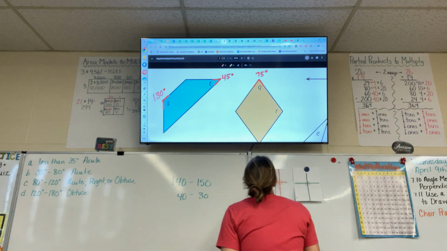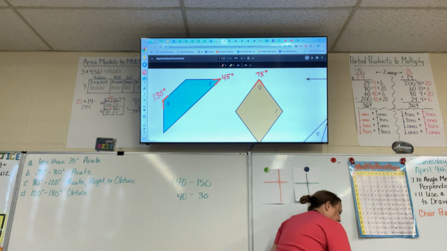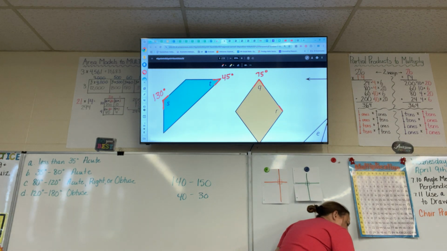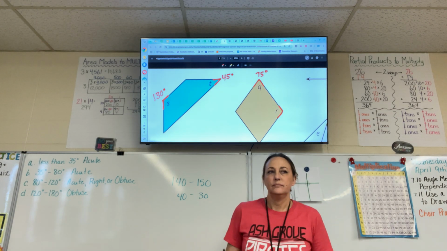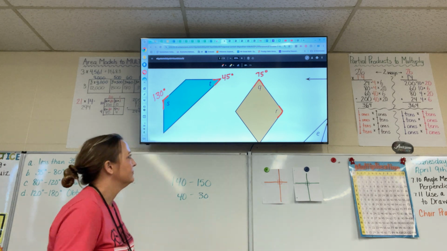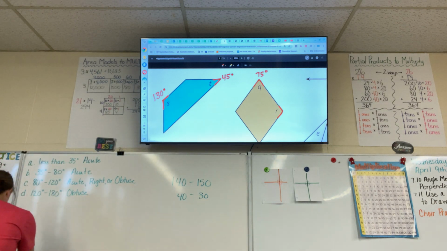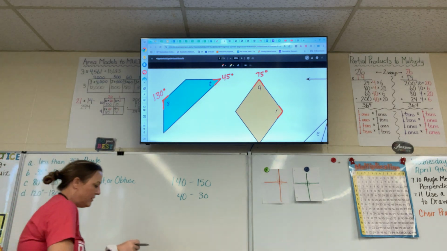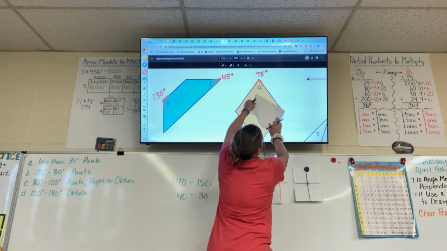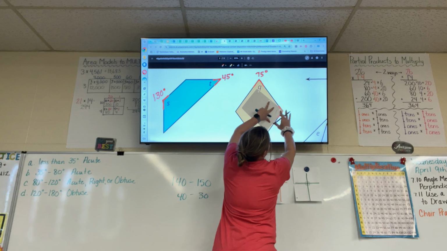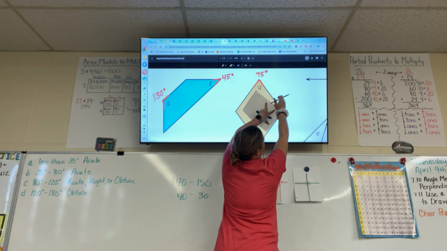Okay. Last is R. What kind of angle is R? Obtuse. I know some of these are kind of hard to tell. So, if I put this in the corner, lined up with the bottom, see how it sticks out wider?